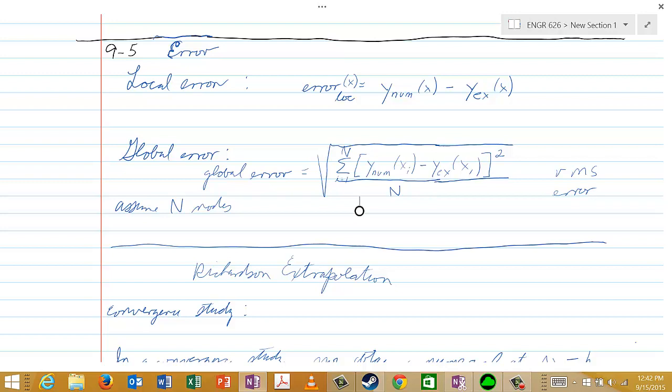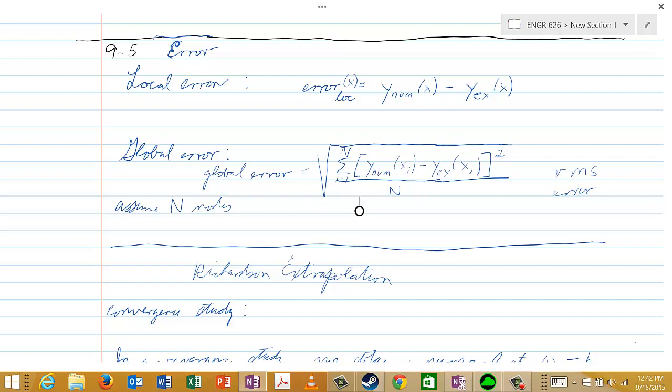And if you think about it for a moment, you might have initially thought, well, why take the square root and why square all those errors? Why not just sum up all of the errors and then divide by n to get an average error? I encourage you to think about it for a moment, maybe turn off the video and think about it.